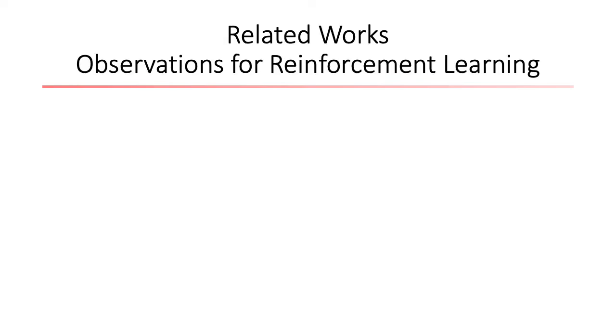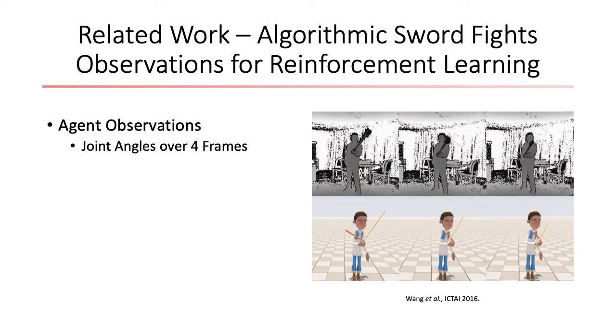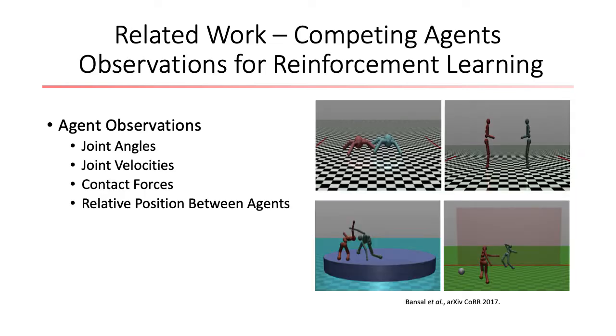An obvious question is what robot representations are commonly used in reinforcement learning. We will go over a few representative related works. In a stick parrying task, Wang et al. fed a deep Q network joint angle observations over the most recent 4 frames. Bansal et al. used joint angles and velocities, along with contact forces and the relative position between agents, in a variety of multi-agent competitions.